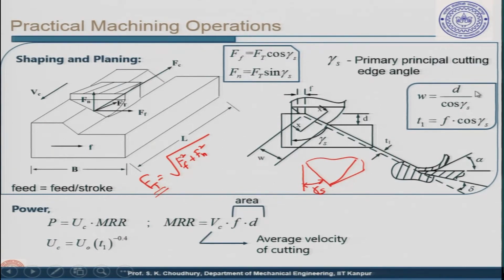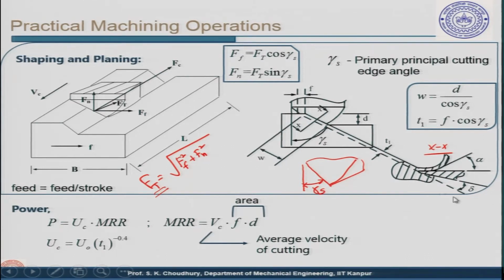Now, geometrically if you see, this is the same as in case of turning, that means the width of cut, which is here, this is the distance, which is the width, is equal to the depth of cut divided by cos of gamma s. And T1, we get in the same way if we take a cross section XX here, as we have taken in case of turning.